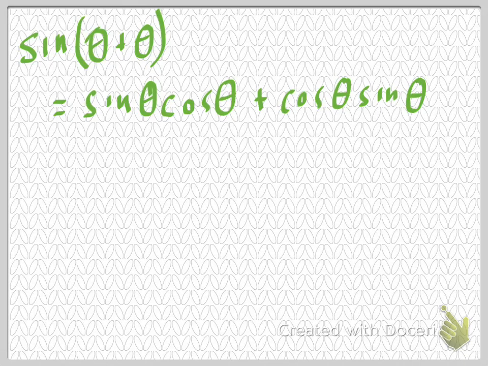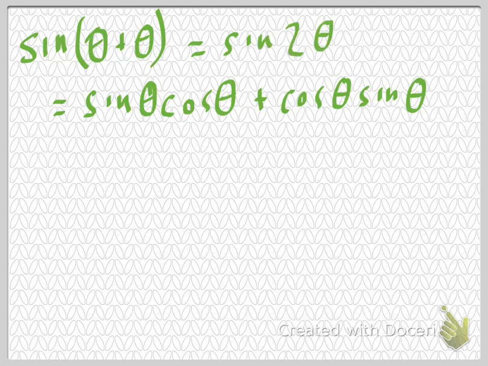If we apply that same logic to the sine angle addition formula, that is, replace A and B with theta and theta, we're just adding an angle to itself. You can easily see that that is the same thing as sine of 2 theta.